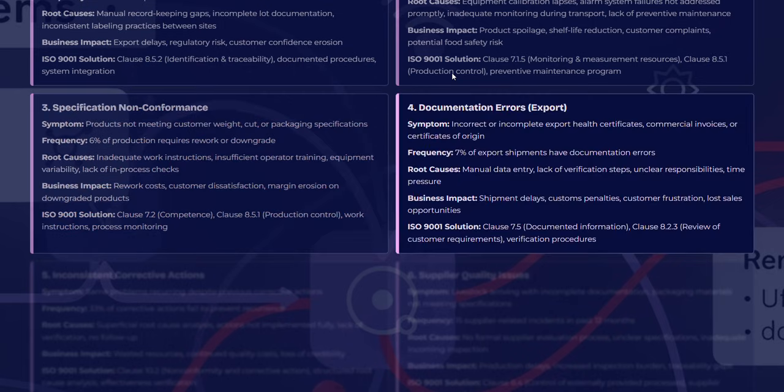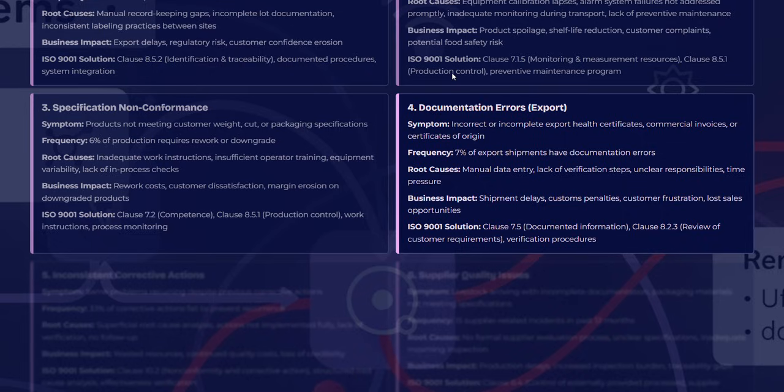Problem number four, we have documentation errors for export. The symptom right now is incorrect or incomplete export health certificates, commercial invoices, or certificates of origin. Frequency, 7% of export shipments have documentation errors. The root causes: manual data entry, lack of verification steps, unclear responsibility, and time pressure.